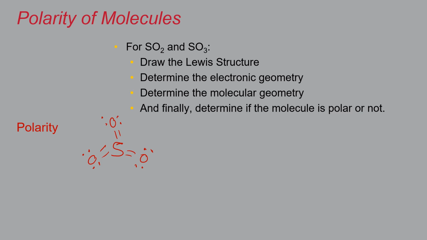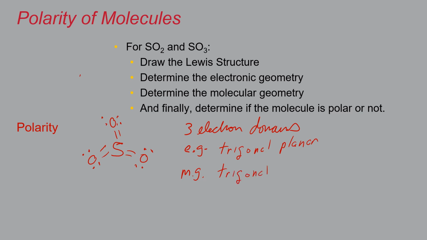So we've got 3 electron domains, which means that the electronic geometry, which is EG here, is also going to be trigonal planar. And since there aren't any unshared pairs in this case, the molecular geometry is also trigonal planar. Now, the last thing, is it polar or not?